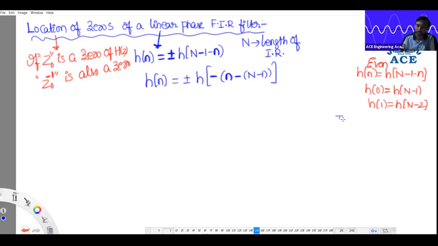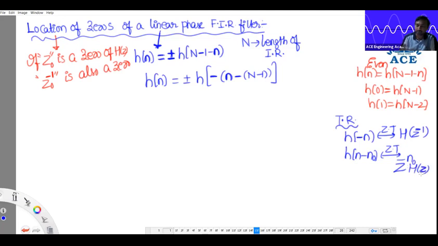Everyone, recollect how we studied the time reversal property in the Z plane. H of minus n, what is the Z transform we will write? H of Z inverse. What is the time shifting property in the Z plane? Z power minus n naught into H of z.